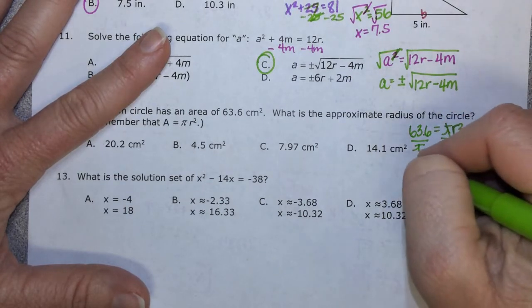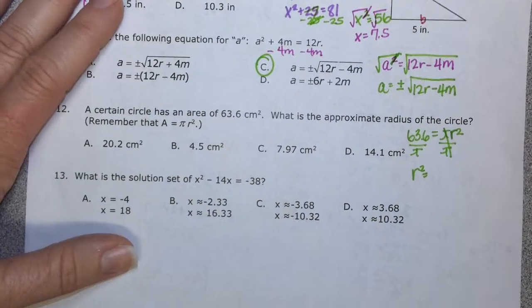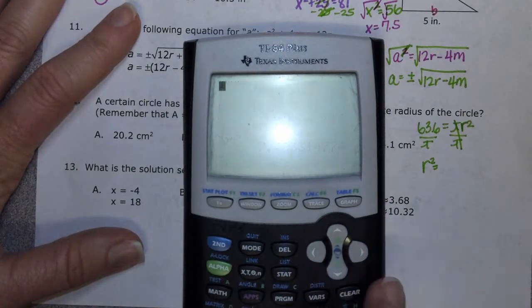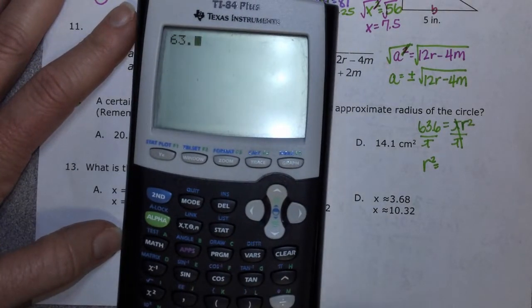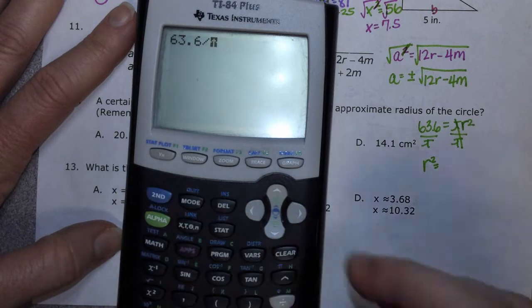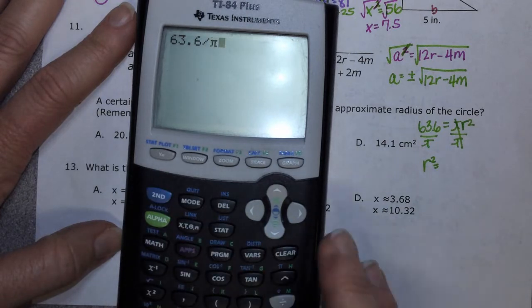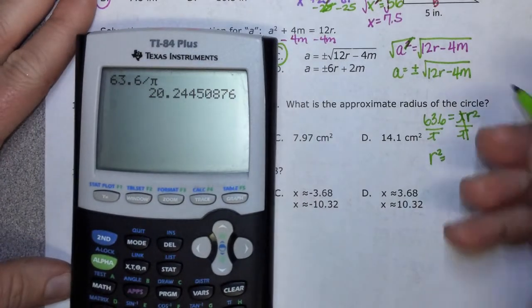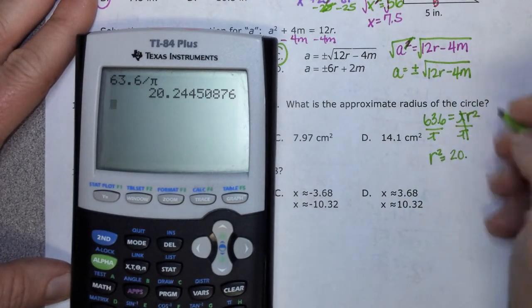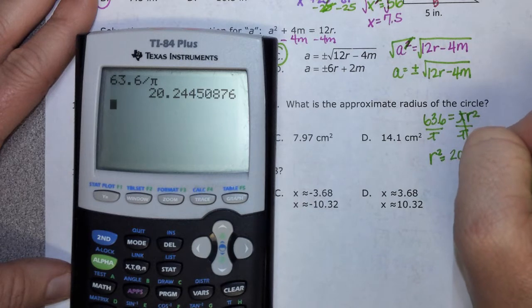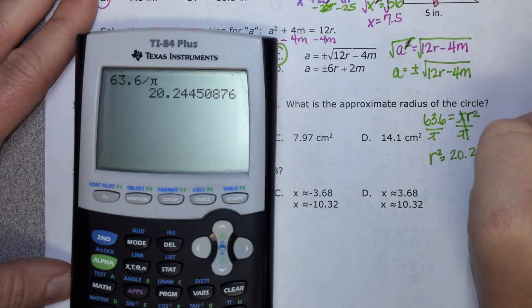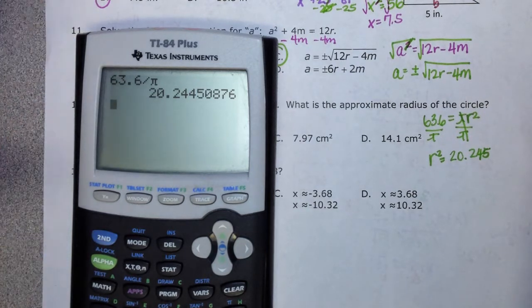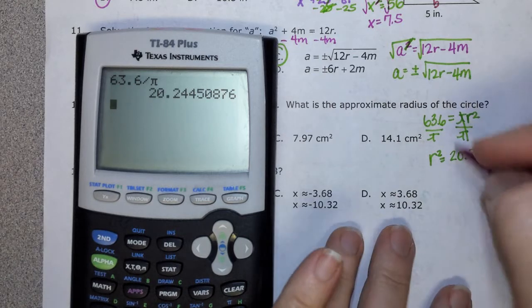So when I do that, I get r squared equals, and I'm going to have to use my calculator here. So 63.6 divided by pi, and that gives me a long, ugly number. So I'm just going to round that to 20.245. And now I can just simply take the square root of each side, since I'm solving for r and r is squared.